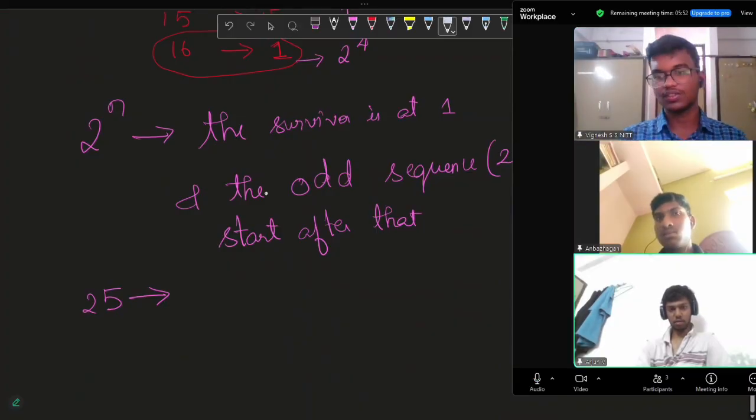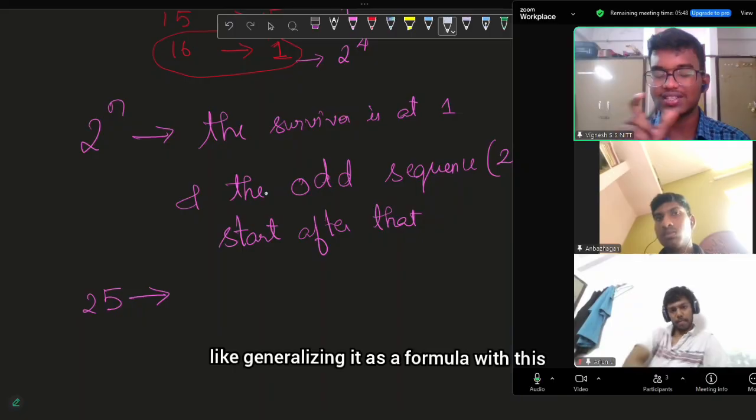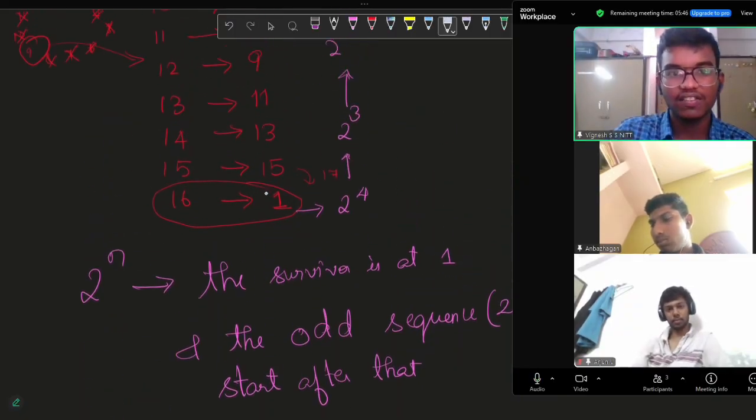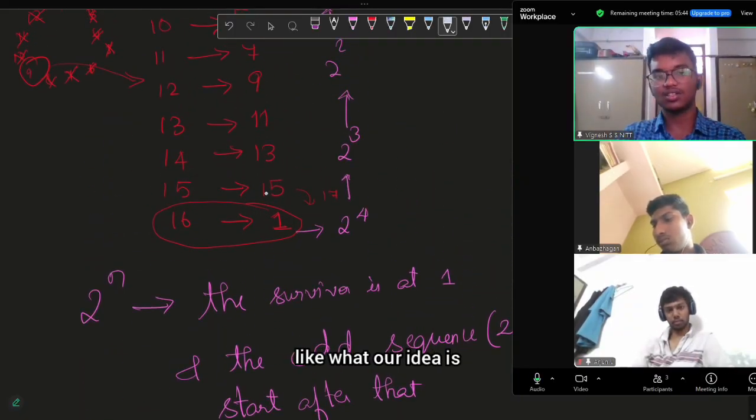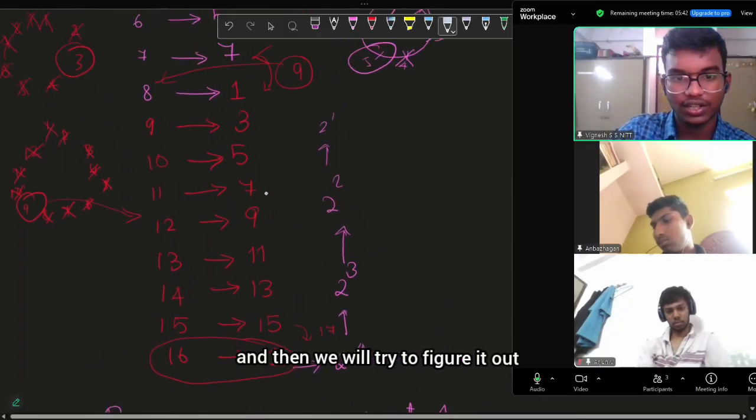Before generalizing the answer as a formula, we'll think on our idea, what our idea is, and then we will try to figure it out.